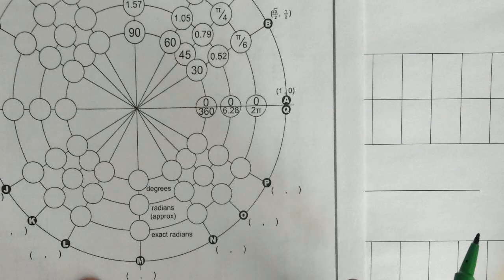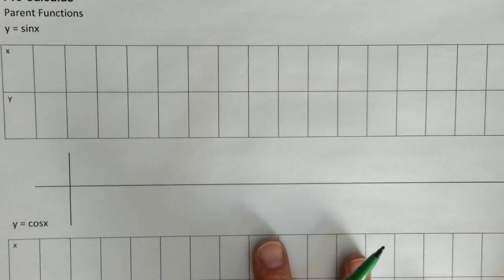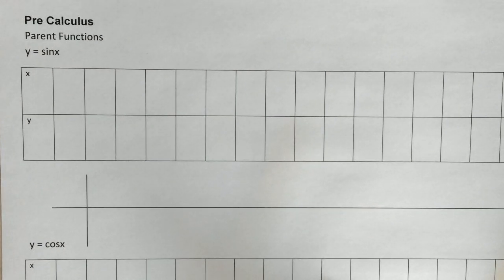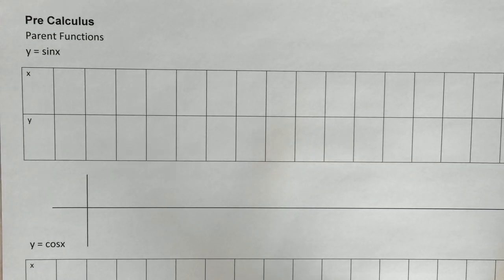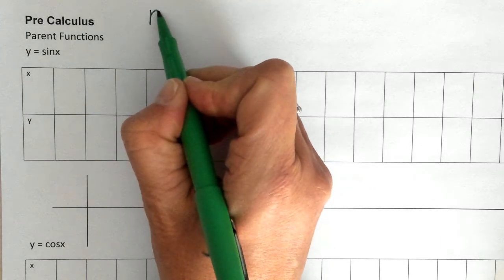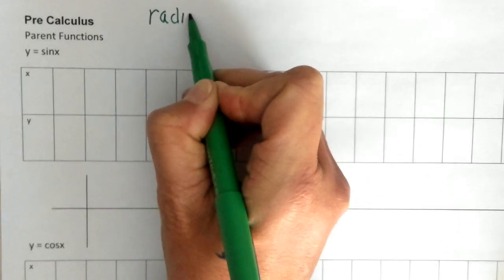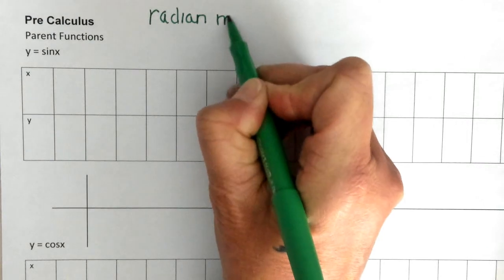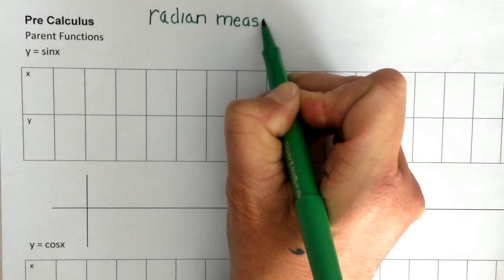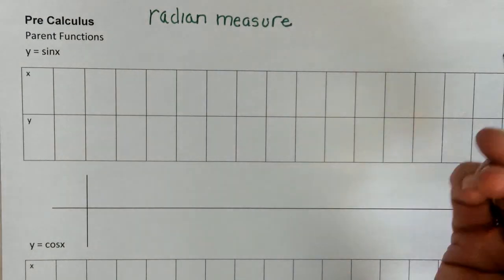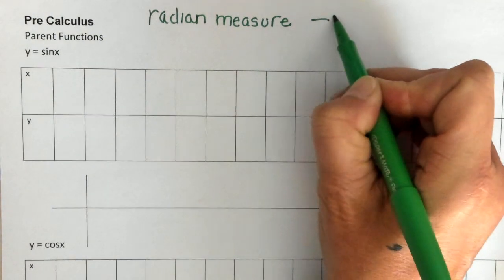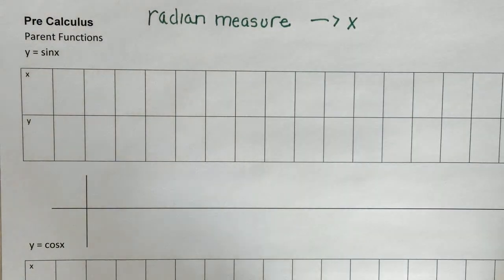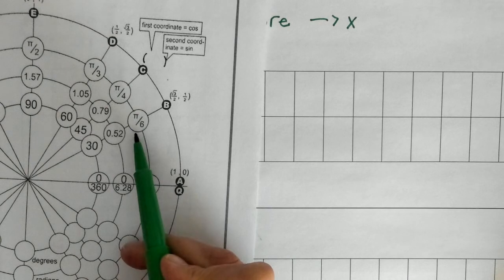Now we're going to take our unit circle and we are going to fill in this. So what you want to do is you want to take the radian measures around the circle and put it in for x. So the first radian measure I have is pi over 6.